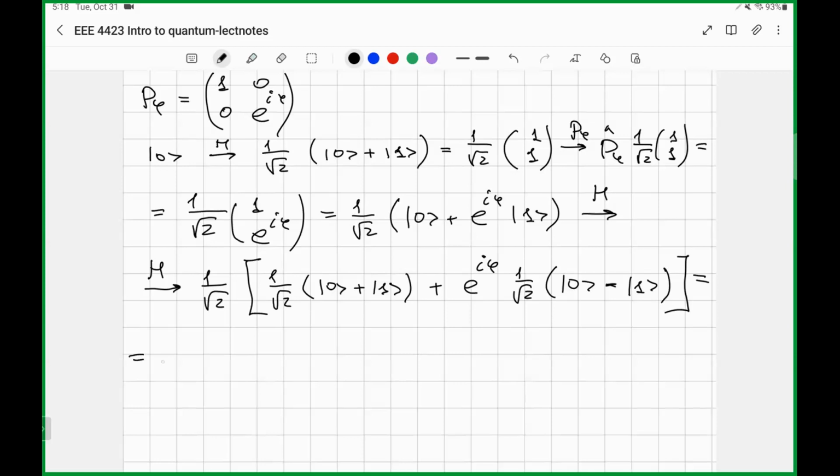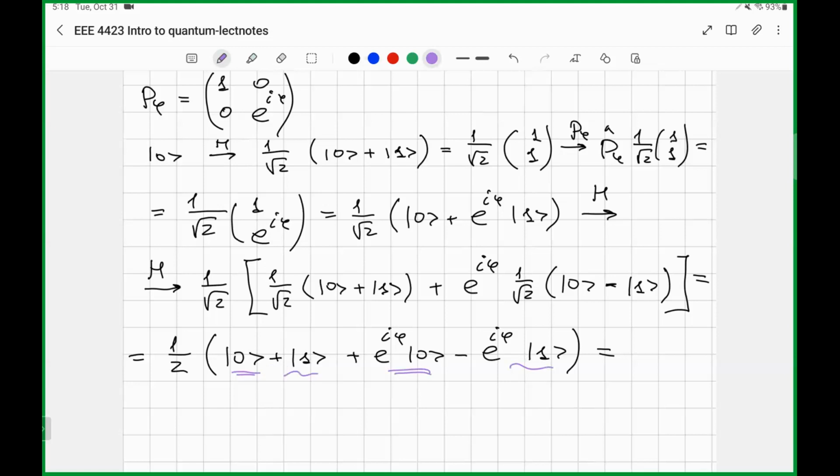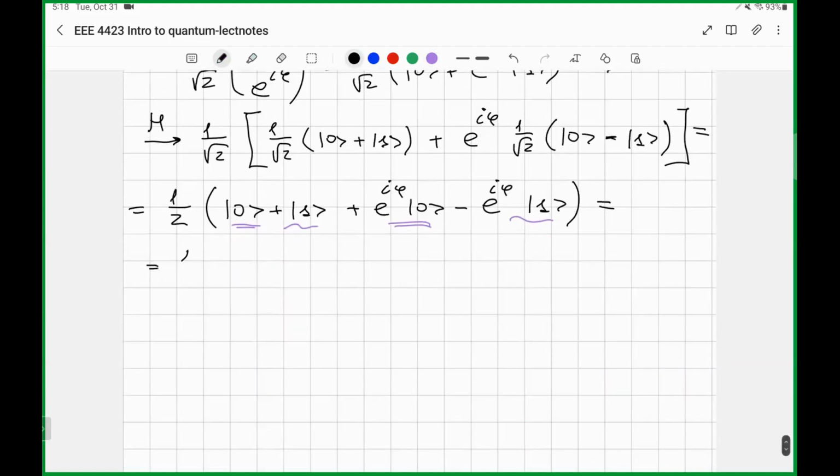Now I take 1 over square root of 2 out of the parentheses, so we get 1 over square root of 1 over 2.